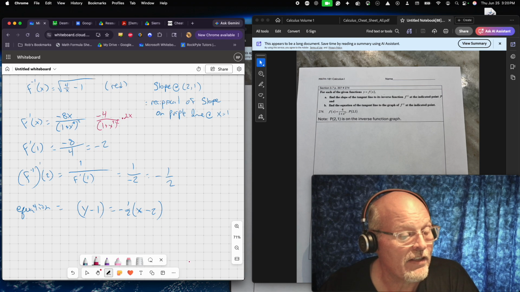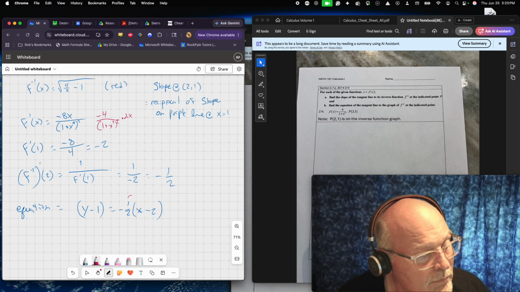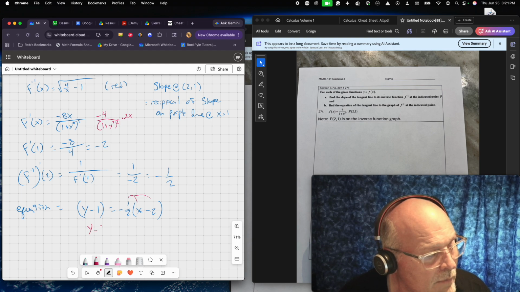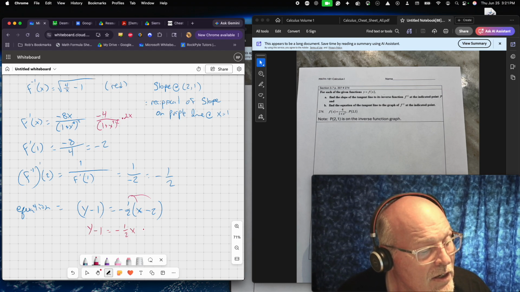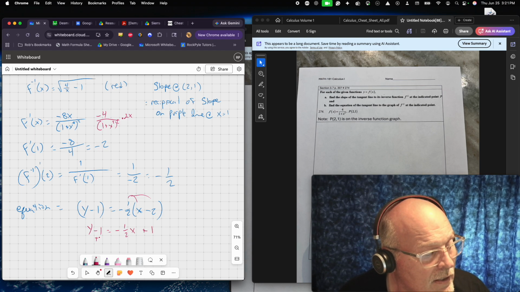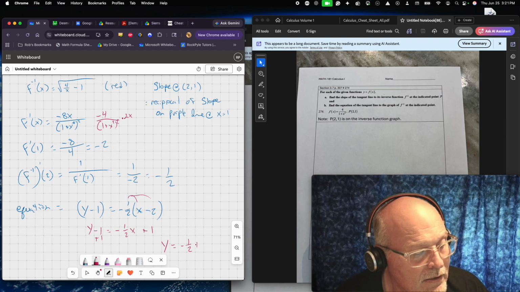And then to find the equation of the line, we plug into point slope form that point 2 comma 1, and then I can solve this by distributing here, and I get y minus 1 equals negative 1/2 x plus 1, and I'm going to add 1 to both sides, and the equation of that line is y equals negative 1/2 x plus 2.